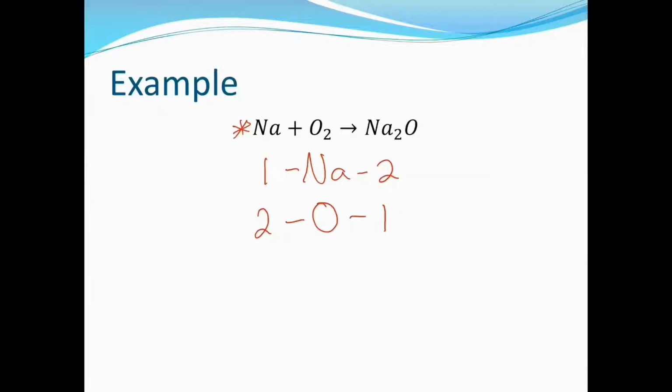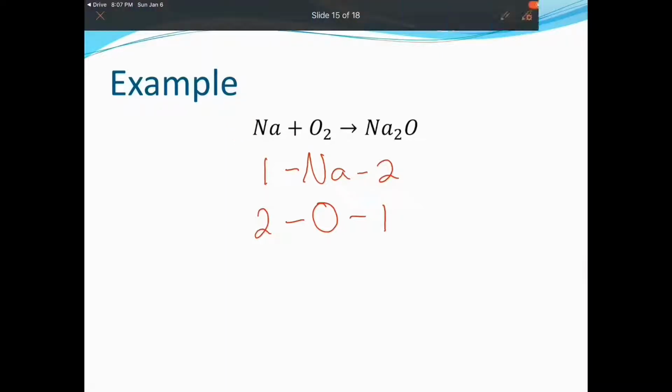Alright, the next step is going to be picking which one we want to balance first. Remember my hint said not to do oxygens first, so that leaves us with sodium. We're going to start with sodium. Now we're going to add a coefficient to the formula that has sodium in it on whatever side of the equation that we need to increase the number.